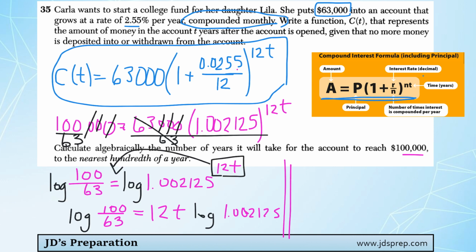Now, to actually solve for t, I'm going to divide both sides of the equation by everything else. I'm going to divide by 12 log of 1.002125.